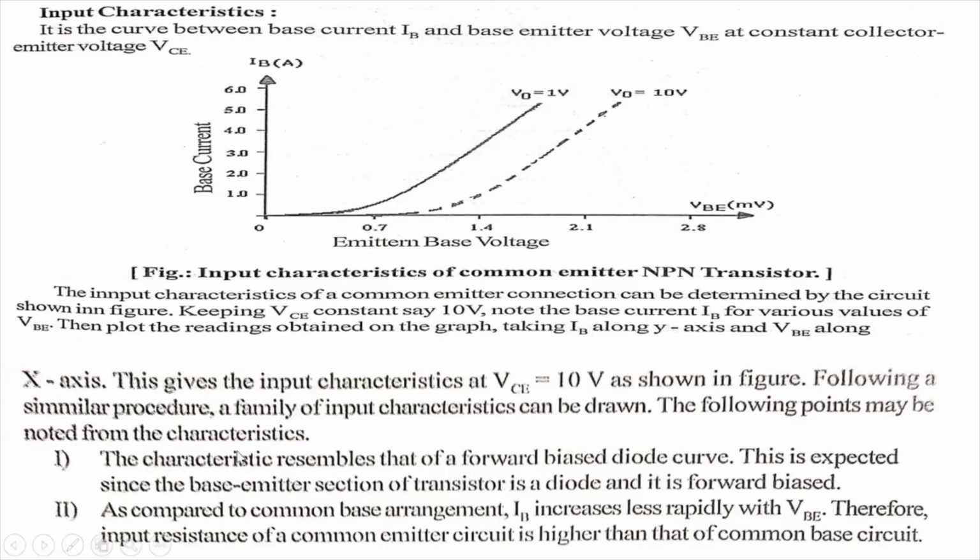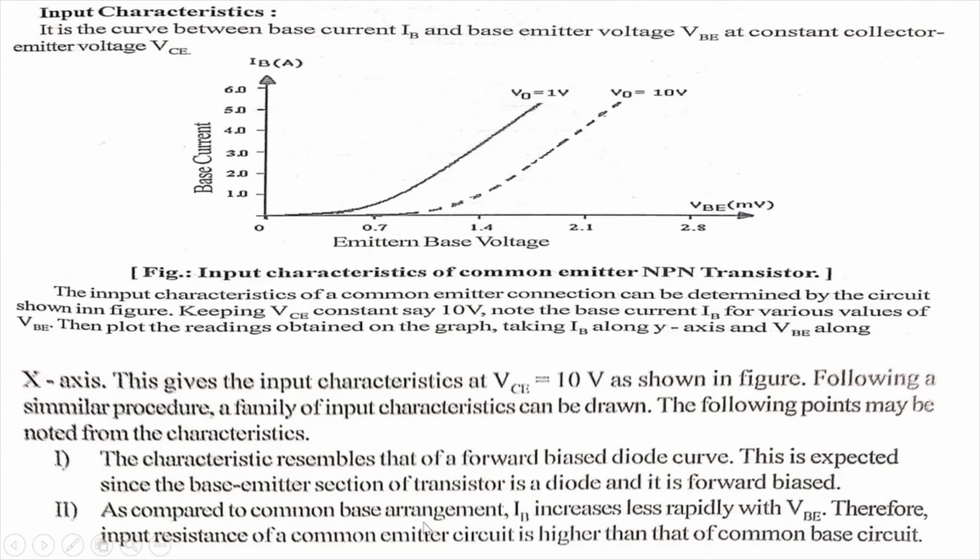Following a similar procedure, a family of input characteristics can be drawn, and the following points may be noted from the characteristic. First, the characteristic resembles that of a forward bias diode curve. This is expected since the base emitter section of the transistor is a diode and is forward biased.